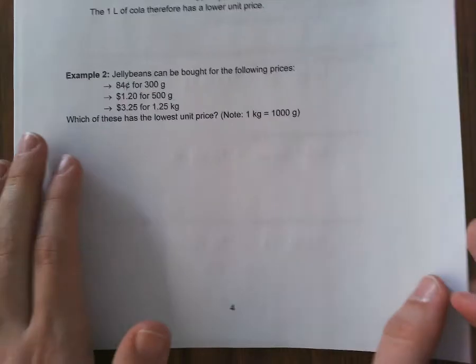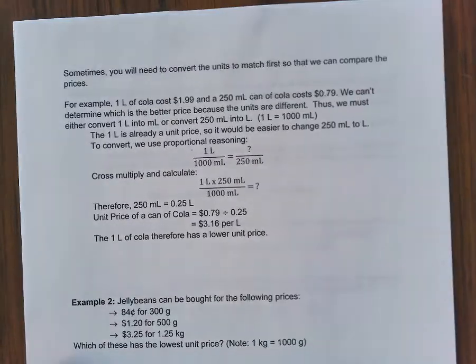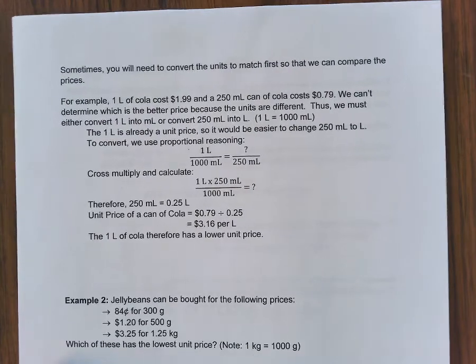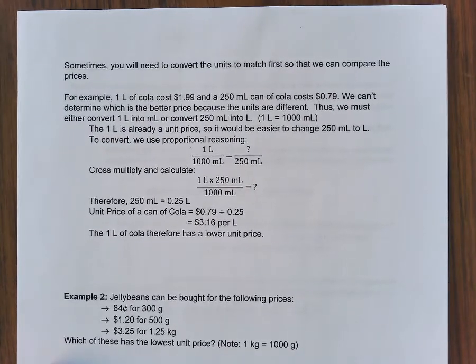Now this is helpful when we go to compare prices, but sometimes, as I mentioned in an example earlier, the units might be different. For example, if you're trying to compare a small can of cola to a 1-liter bottle of cola, it's hard to compare because one is in milliliters and one is in liters.